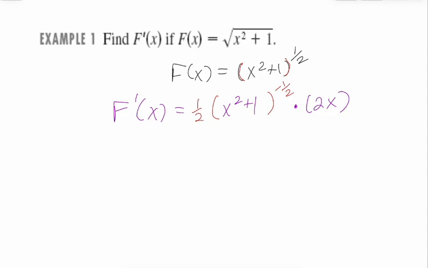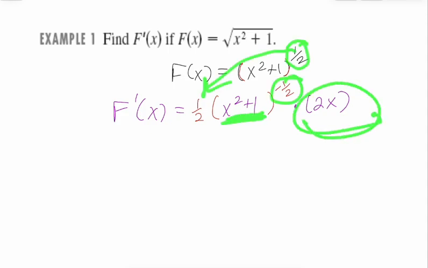Okay, so let me talk through again. If you have something on the inside that is stuck, you're going to evaluate the outside function like normal. That's a power function. Power drops down in front. Power goes down by 1. Stuff stays there. Then we're going to multiply by the derivative of the inside stuff. That's the chain rule.